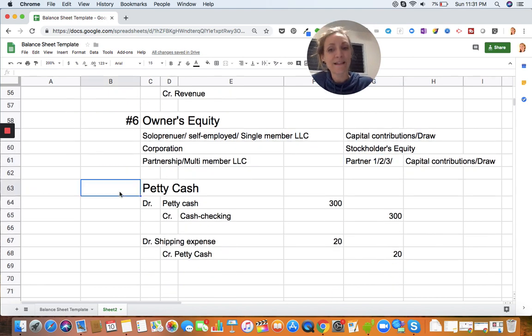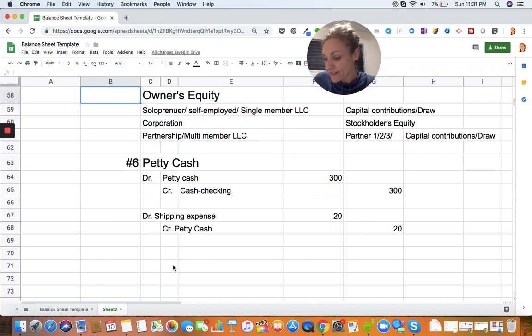And then the last group, number 6, this one isn't actually being covered by a group, is petty cash. And you can see these examples in the book as well. With petty cash, we're basically treating it like another bank account. So it's a current asset account.